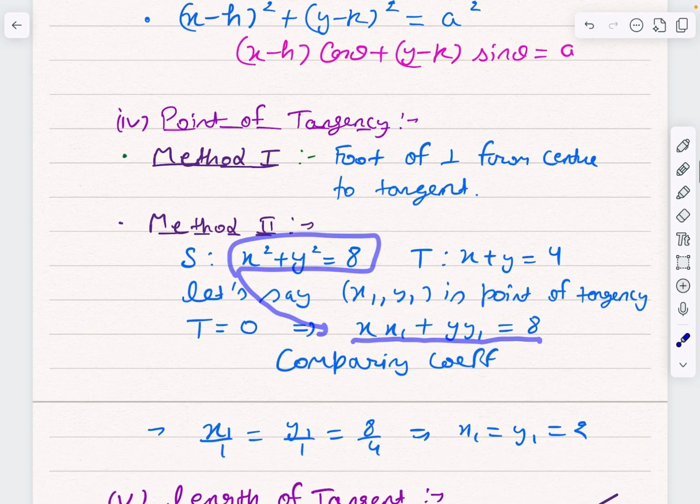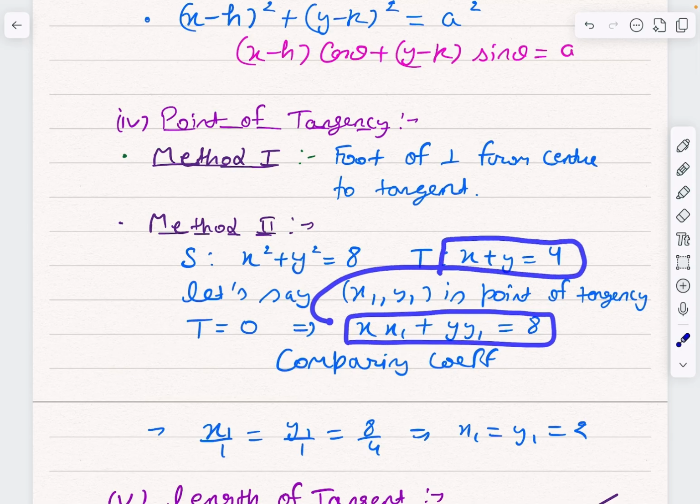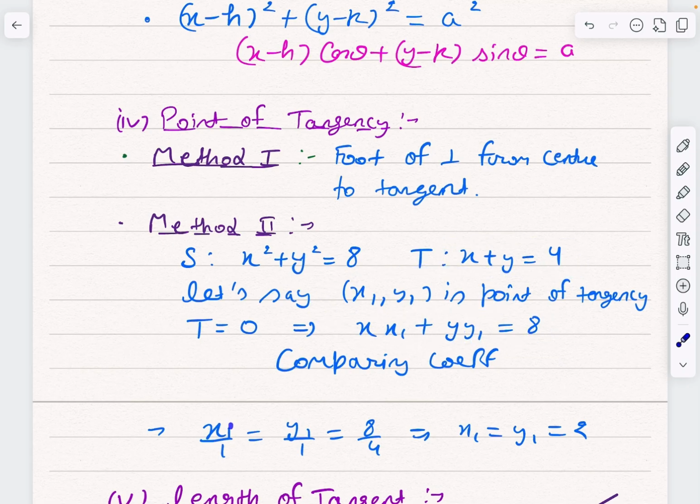Now, this is a tangent at x1, y1. This is also a tangent at x1, y1. So these two represent the same equation, so coefficients must be proportional. So you get x1 by 1 equal to y1 by 1 equal to 8 by 4. So x1 equal to y1 equal to 2. Directly we get the point of contact.